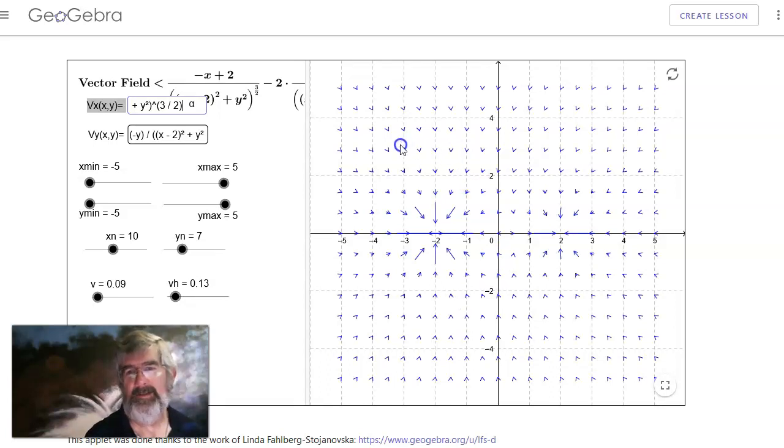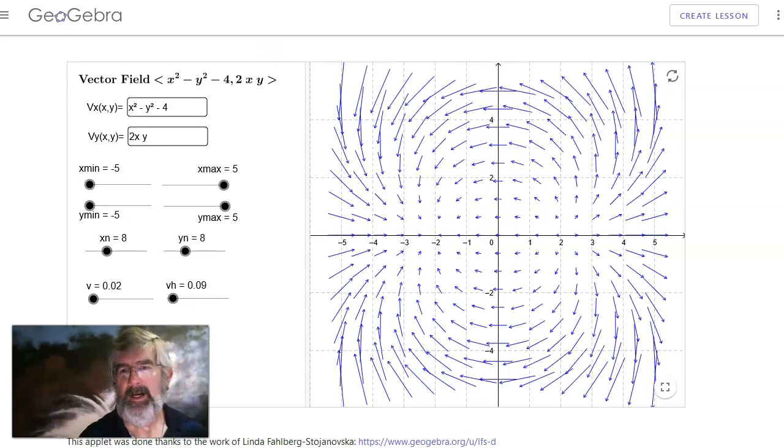You could then think about modeling, putting an object in there and watching a path that it might have, give it some initial velocity and see where it would go. Just fun stuff. Let's take a look at another example here. When you first find the link to this GeoGebra vector field plotter, this is the default that comes up.